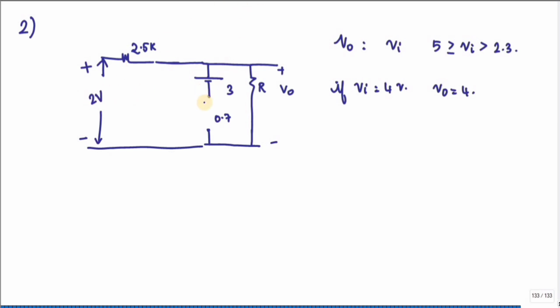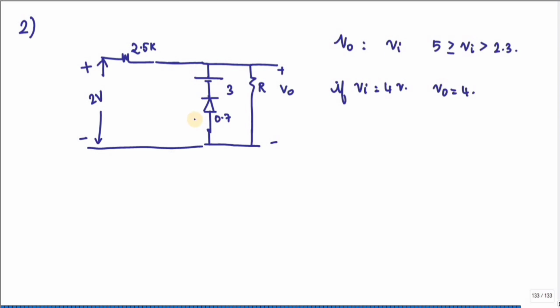Okay. So since it is a negative clipper and I have 2.3 volt at the output, it will not go beyond this value.